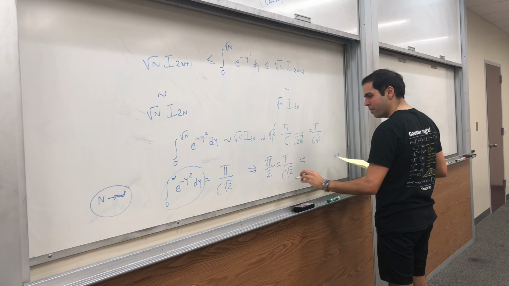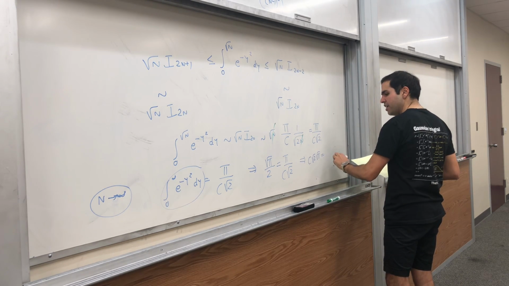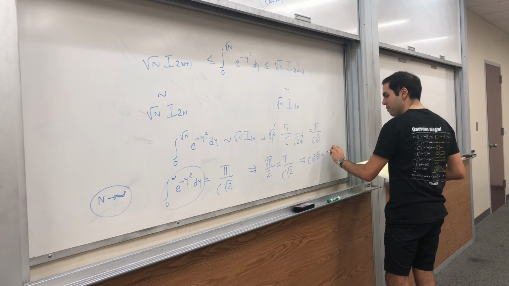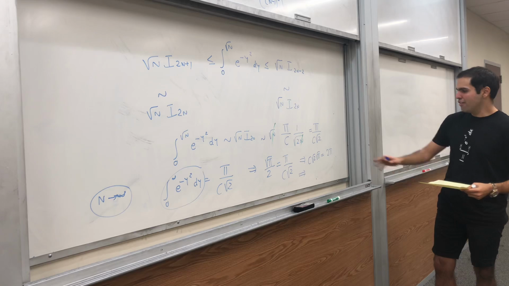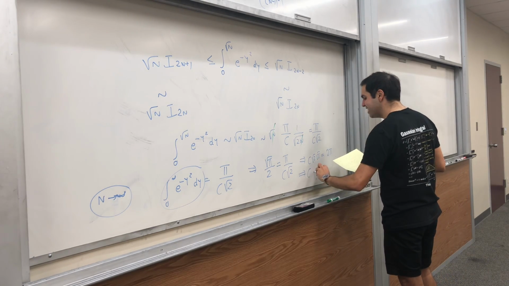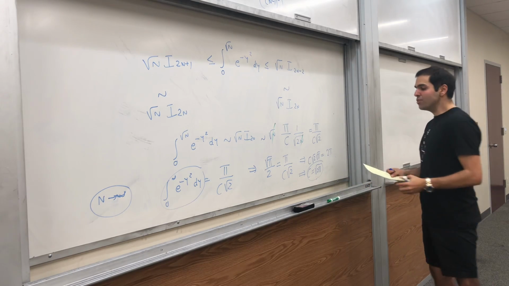And then just cross multiply, so c square root of 2 square root of pi equals 2 pi. And therefore, we just get that indeed c is square root of 2 pi. Which is what we want.